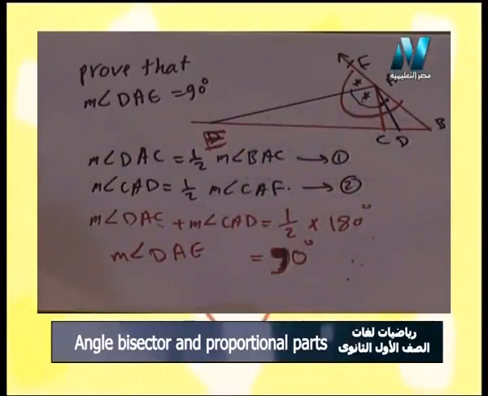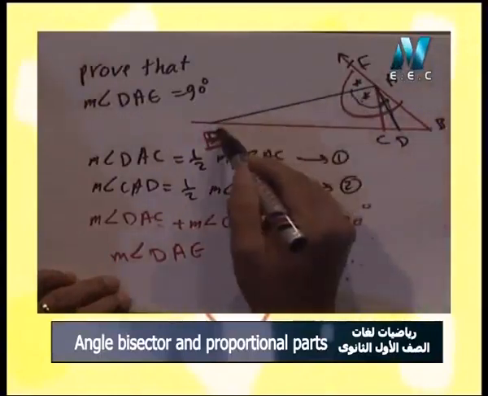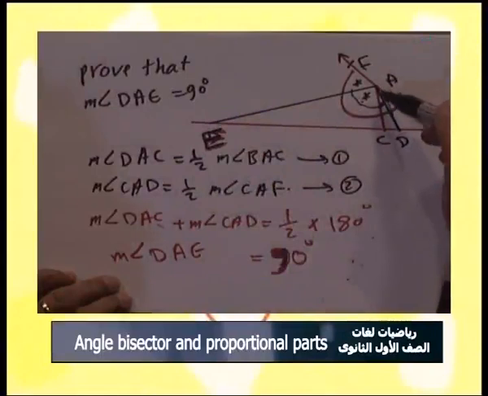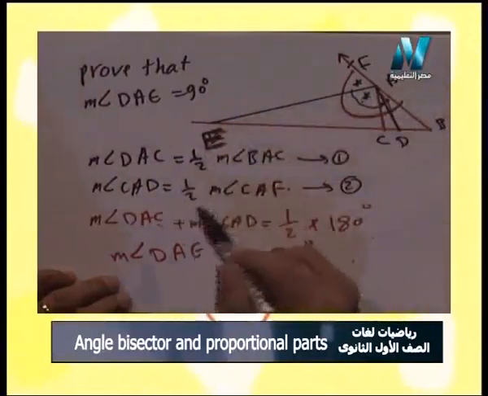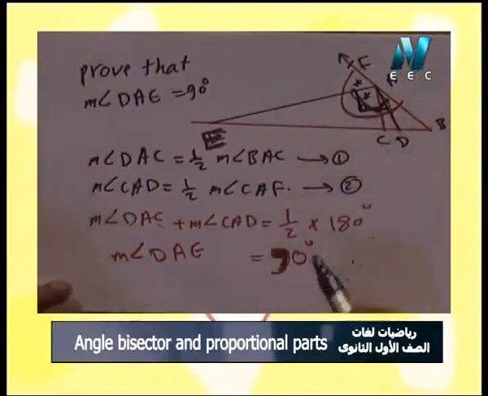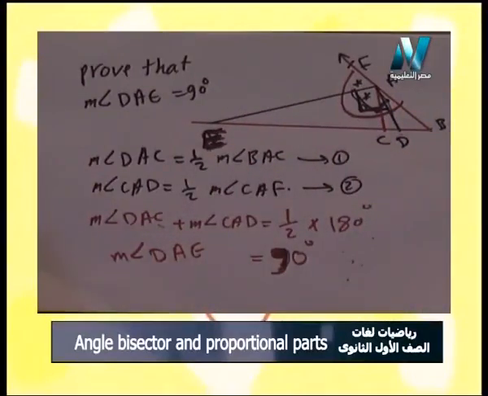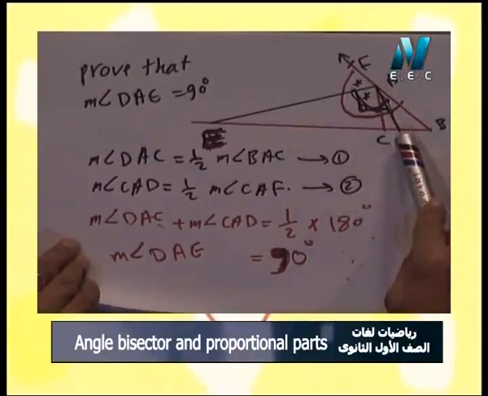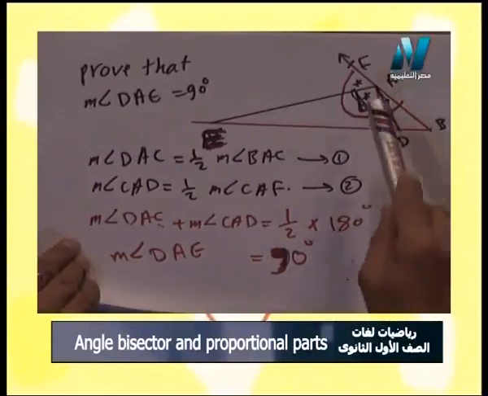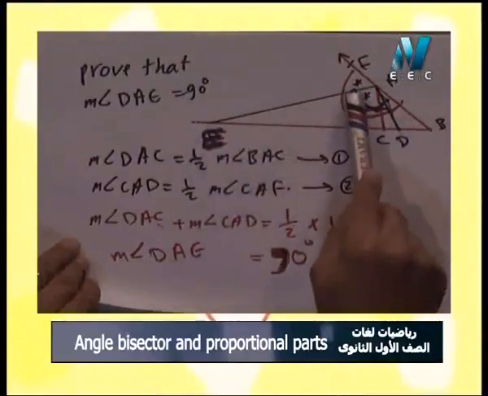So we deduce that the two bisectors AD and AE, the internal bisector and the external bisector for the same angle, are perpendicular. Perpendicular means that the angle between them equals 90 degrees. Okay, so keep well this information, that the interior bisector of an angle of a triangle and the exterior bisector of the same angle are perpendicular. That means the angle between them equals 90 degrees.